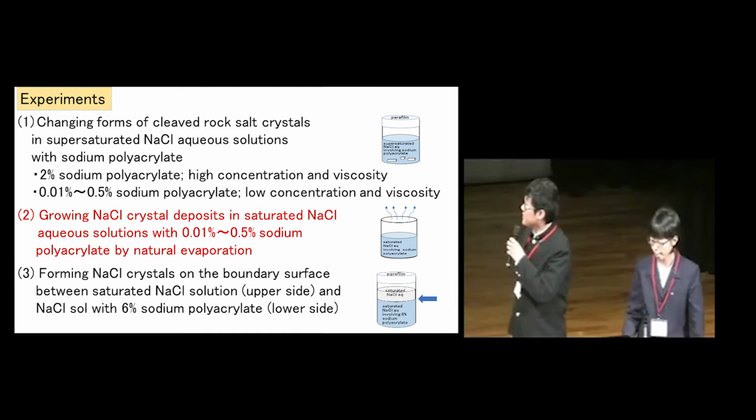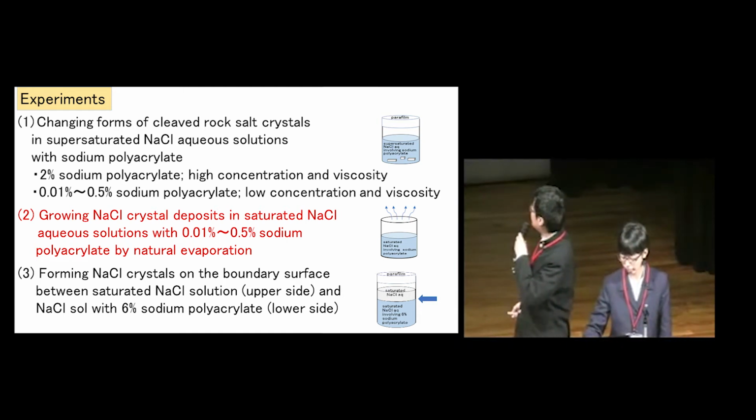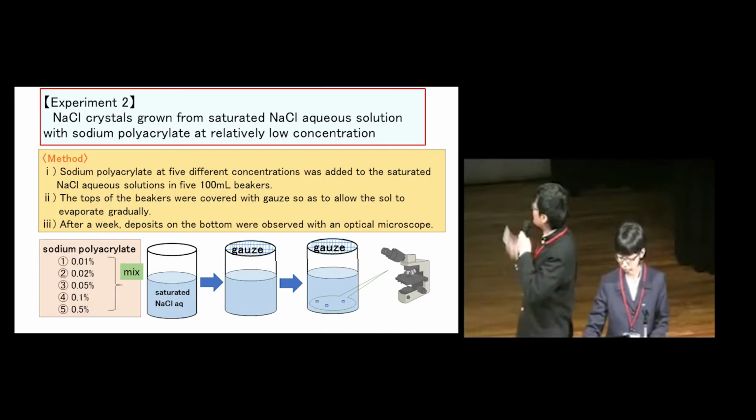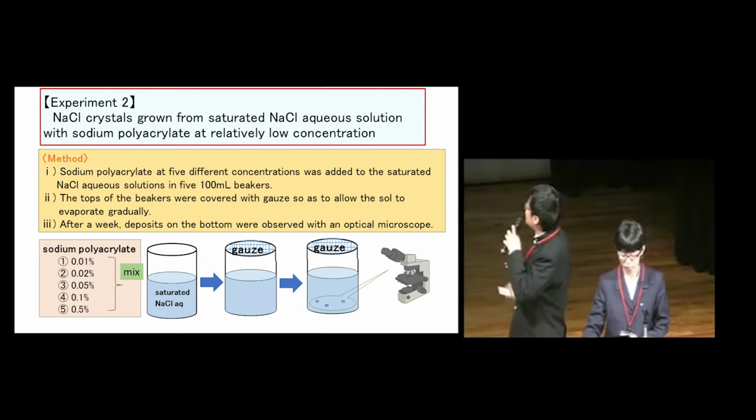Next, experiment 2. Growing NaCl crystal deposits in saturated NaCl aqueous solution with low sodium polyacrylate by natural evaporation. In this experiment, we made 5 different concentrations of sodium polyacrylate and covered the beaker with gauze.